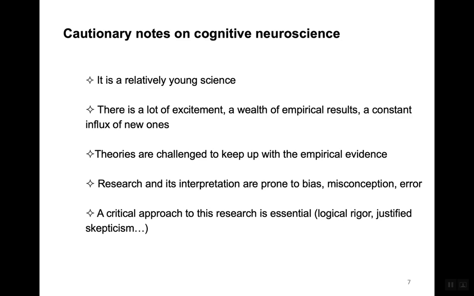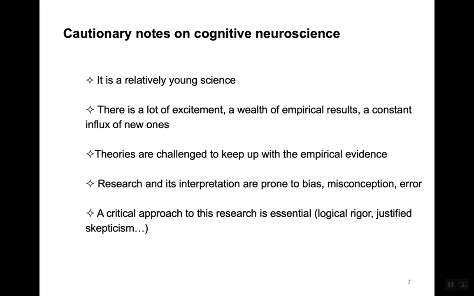So it is important to balance the excitement and the caution, because cognitive neuroscience is a young science, or at least it is relatively young if compared, let's say, to physics or chemistry. Its origin dates back to the 60s and the 70s, so it's only a couple of decades old.